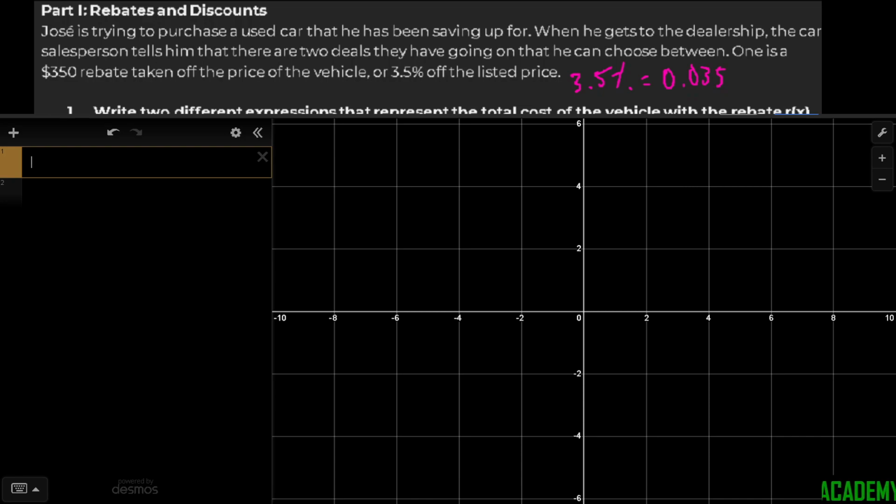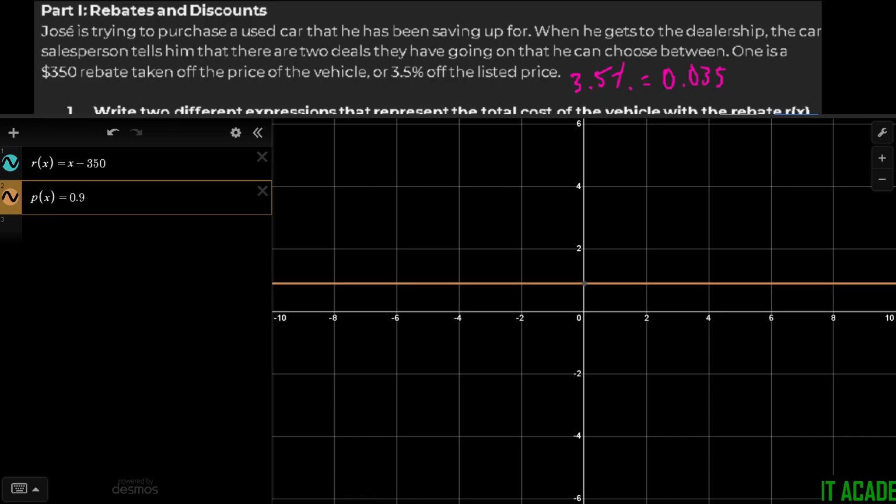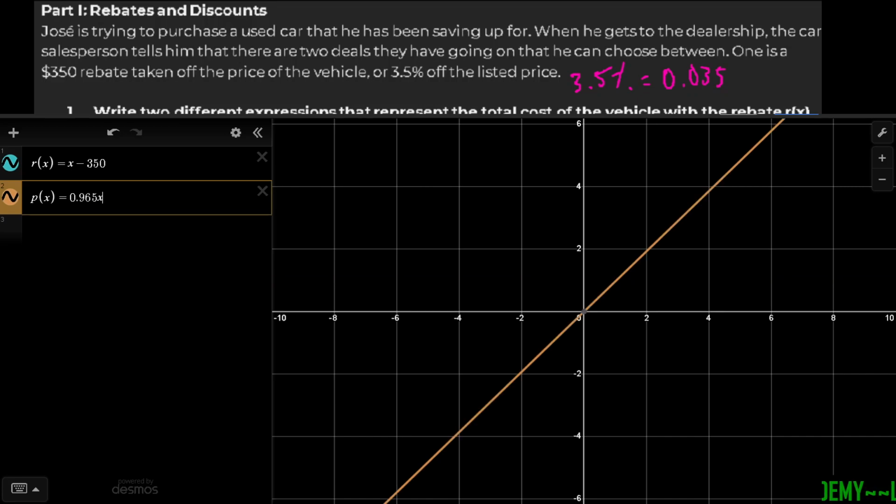So I said R of x is going to be equal to x minus 350, and we have P of x equal to 0.965 times x. And those are going to be our two functions.